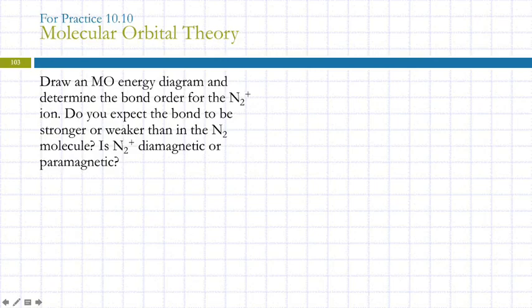So let's do another practice one here. Draw a molecular orbital energy diagram and determine the bond order for the N2+ ion. So we look at, to begin with, what are the atomic orbitals that we've got.